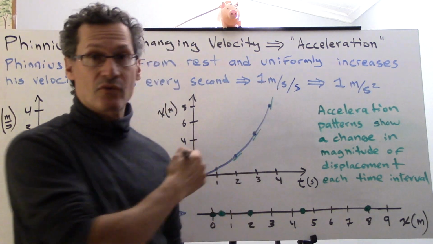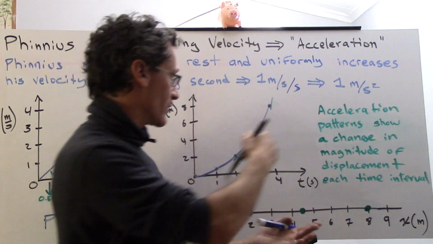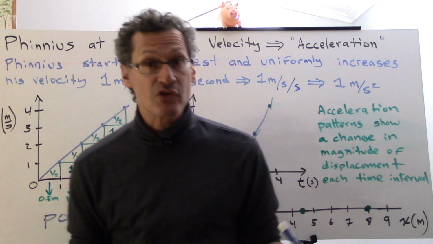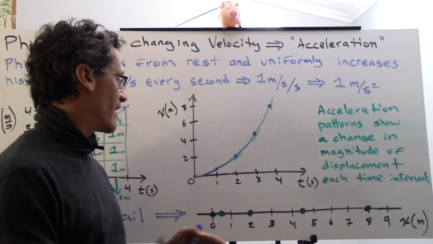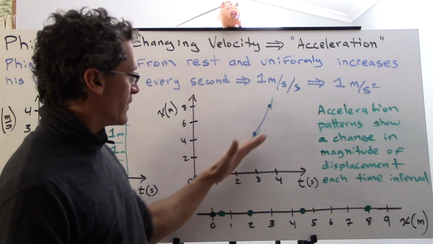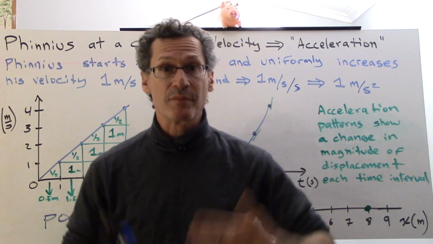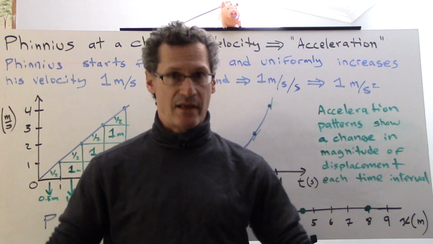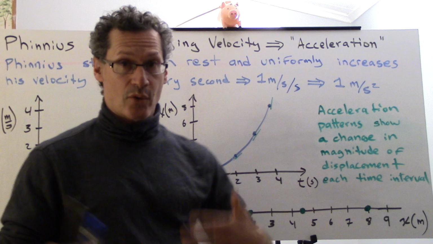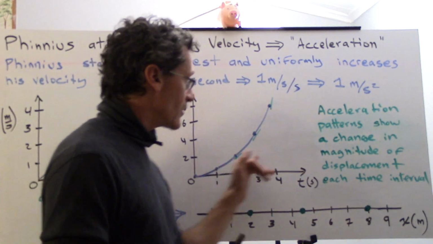Notice that this creates a curve, an upward curve, and that upward curve means that the slope must be changing on a position versus time graph because the slope indicates the velocity. So the slope is here, and then here, and then here, and here. It's getting steeper and steeper because the velocity is increasing, getting higher and higher. So we're seeing that here. That's why this is a curved pattern, and it's really important to notice that.